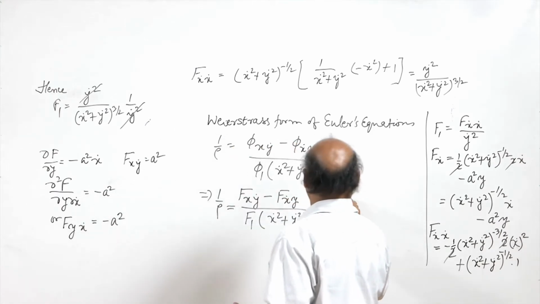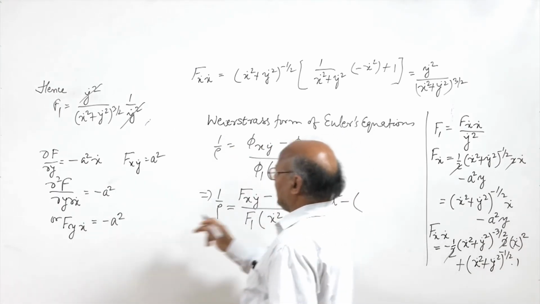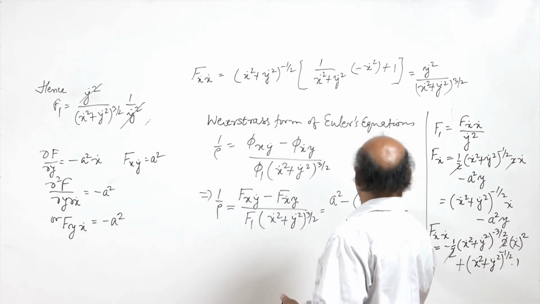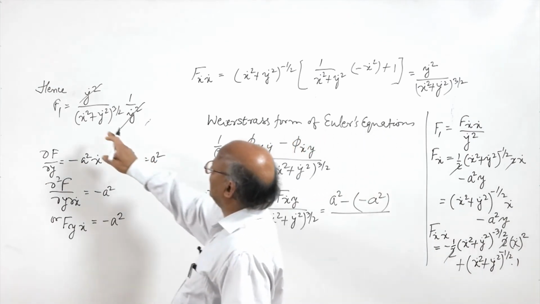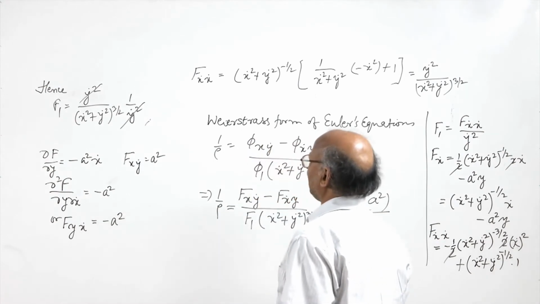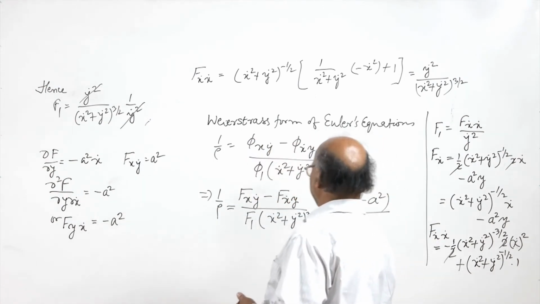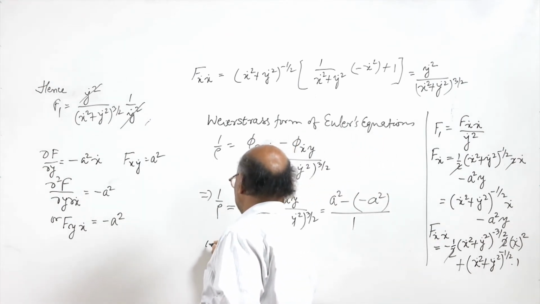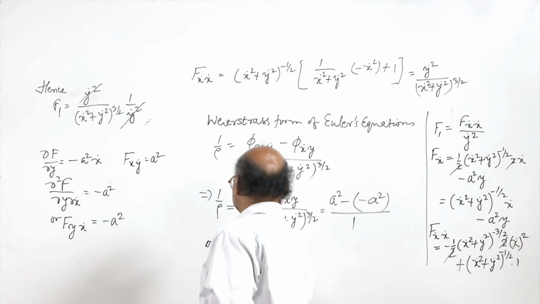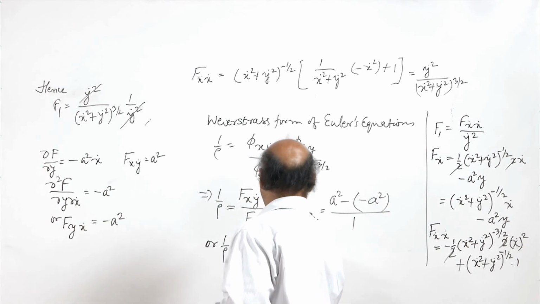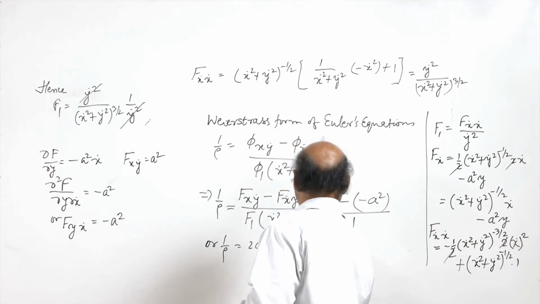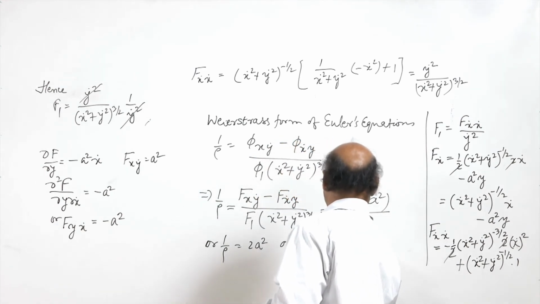So we have a square minus, and this is minus a square, and then we have f1 into (x dot square plus y dot square) to the power 3 by 2 equal to 1. So we get 1 by rho is equal to 2a square, or rho equal to 1 by 2a square.